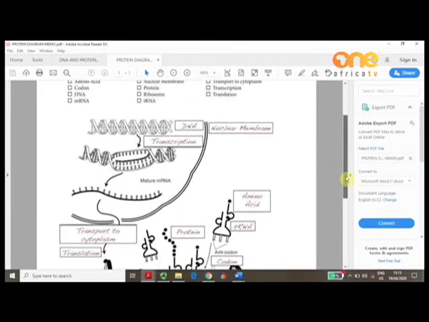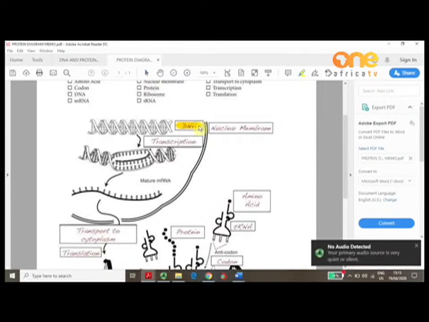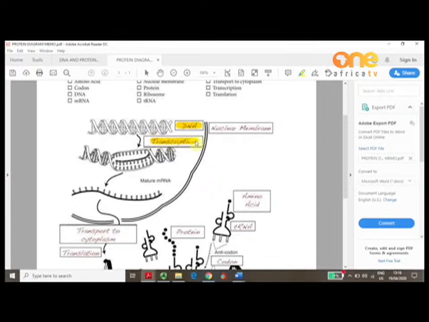Grade 12s, so there you will have the label DNA. There we have DNA. And DNA will be transcribed, or transcription is the process where the DNA unzips due to RNA polymerase, and I will have a copy of the complement made by the mRNA.